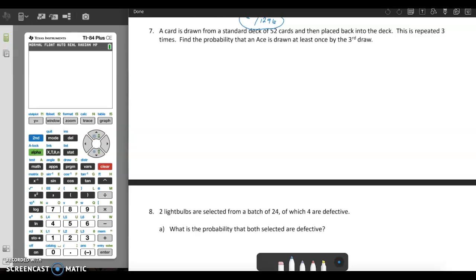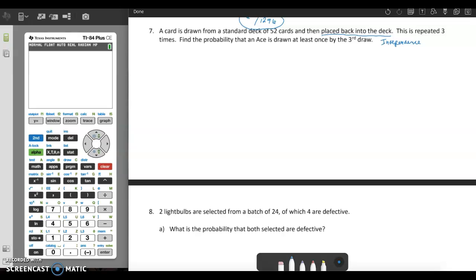So the first thing that I notice here is that we are placing these cards back into the deck, which gives us independence because we're putting it back in and I'm assuming shuffling here. And so what I choose the first time has no bearing and no effect on what I would choose the second time or the third time. Independent draws.